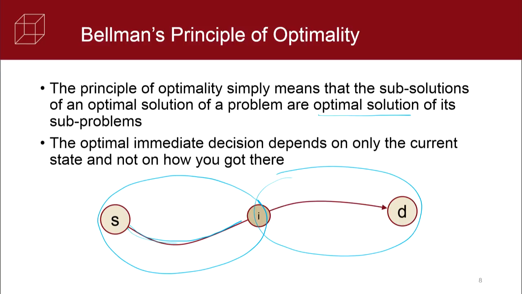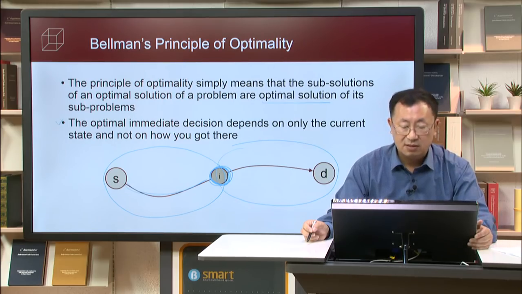And when we formulate the dynamic programming model, we rely on this principle of optimality. We're going to take a look at this statement: the optimal immediate decision depends only on the current state and not on how you got here. What does that mean? Suppose you are currently at node I, and you'd like to make a decision to decide the next node to visit. All right?